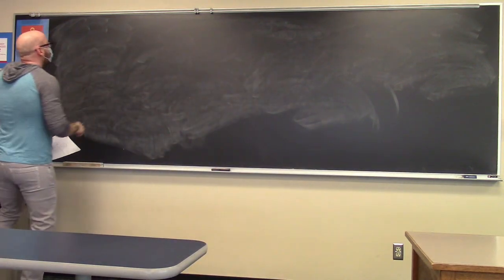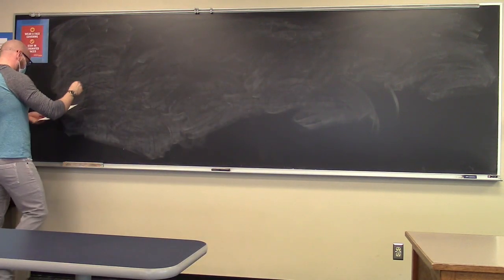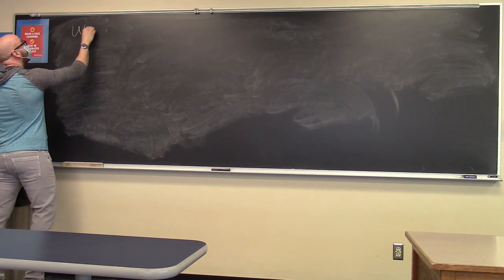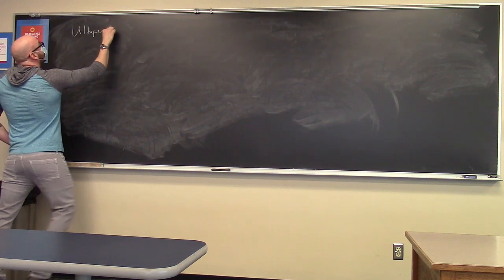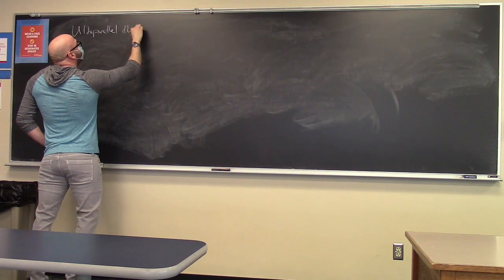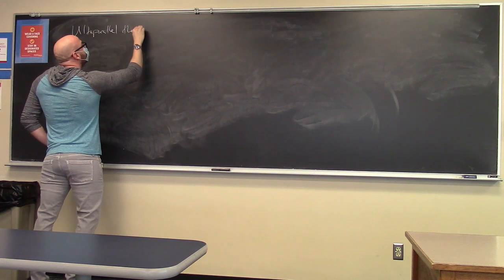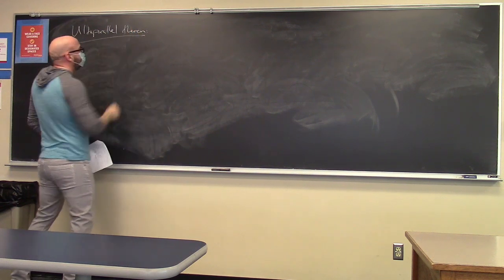Oh, there was more that I talked about here, and this is super important. I'll probably put some of this stuff on the exam. We actually proved this at the end of last class, I believe. The ultra-parallel theorem.